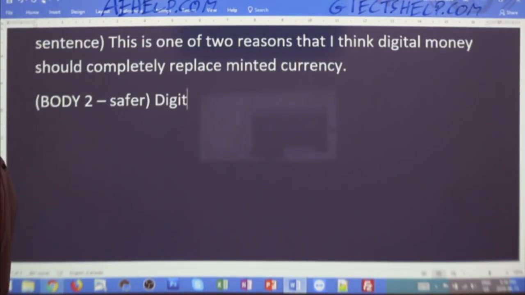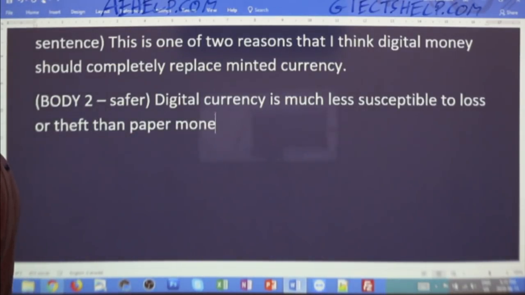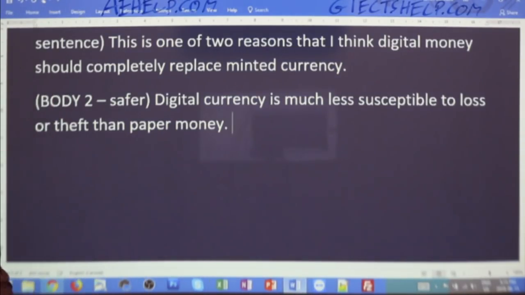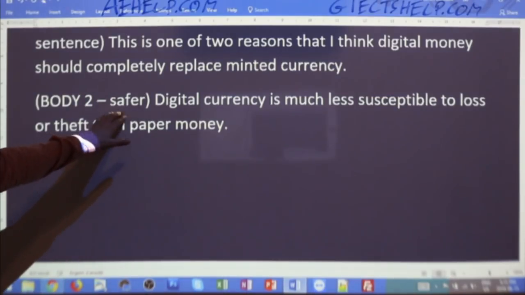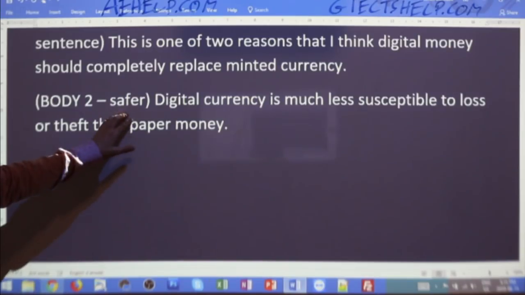So digital currency is much less susceptible to loss or theft than paper money. Okay, now that would be a good definition of the idea safer. Safer is an abstract term.